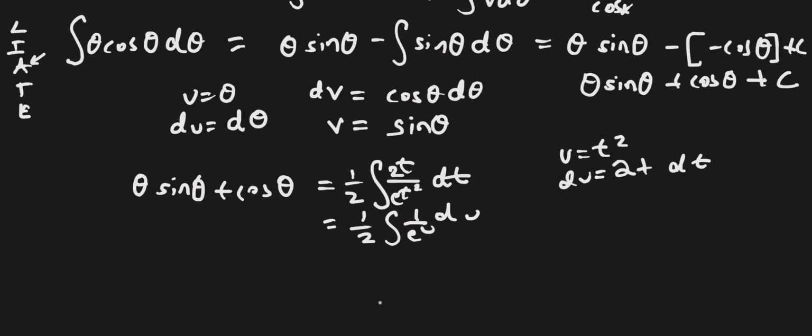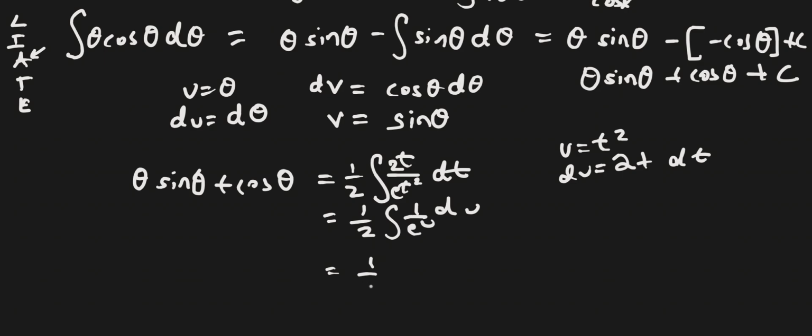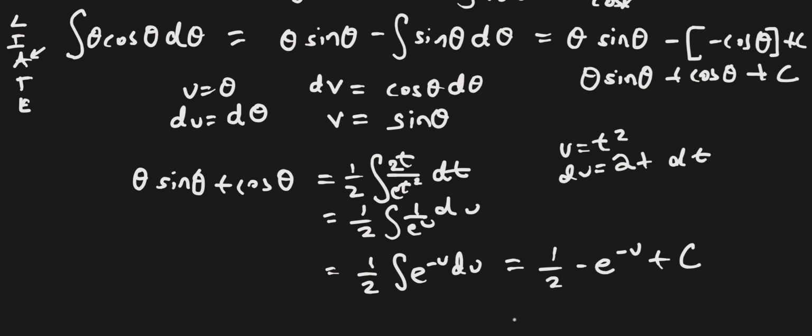Now this is easy, because this is equal to 1/2 integration of e to the negative u du, which is equal to 1/2 times negative e to the negative u plus c.